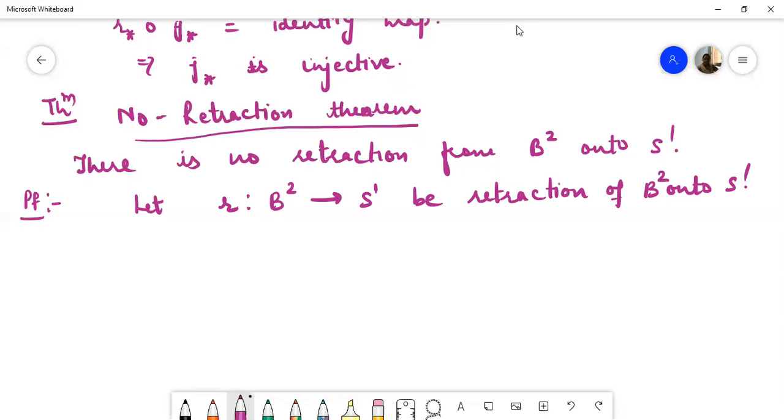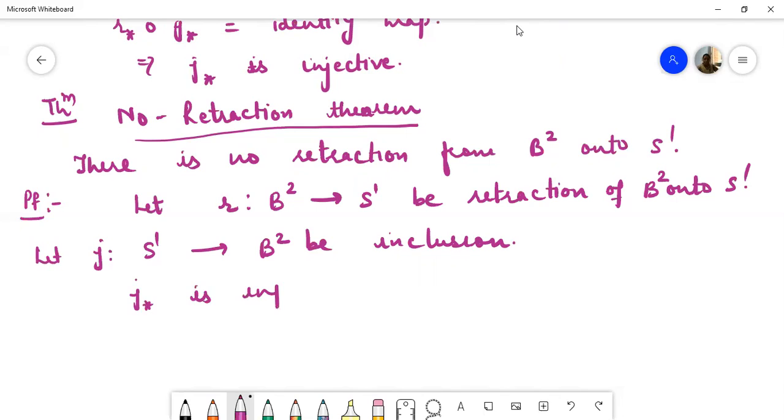Then we define a mapping J from S1 to B2, which is the inclusion map. So let J be the inclusion map. Now from the previous lemma, this J star is injective.